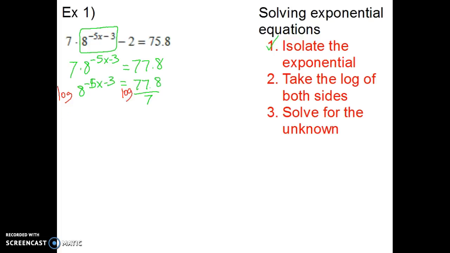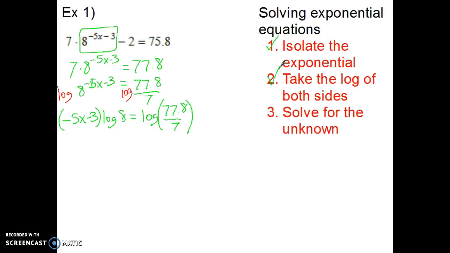Remember, the reason we're doing this is because we can now bring that exponent down in front. So we'll have negative 5x minus 3 times log of 8 is equal to log of 77.8 over 7. We're just trying to get x alone at this point.